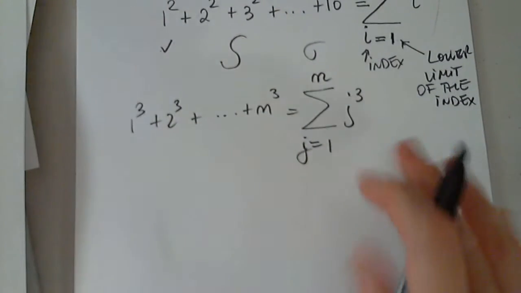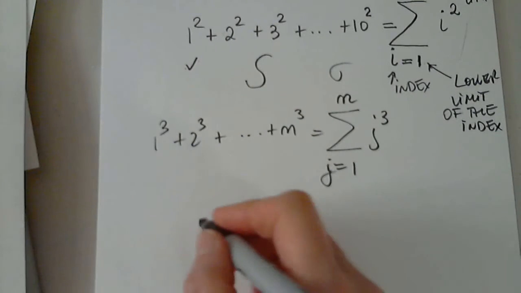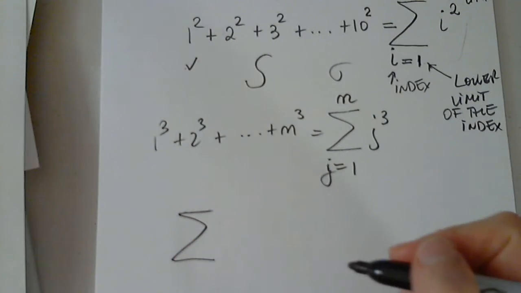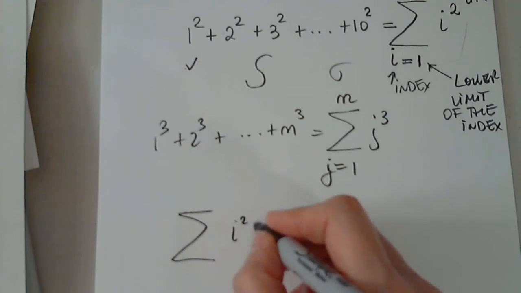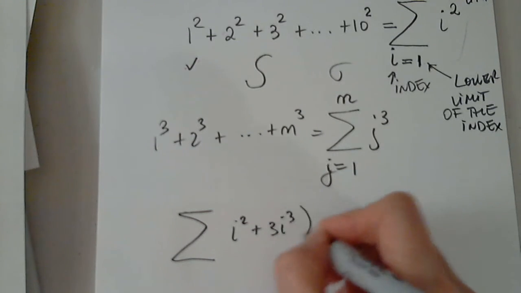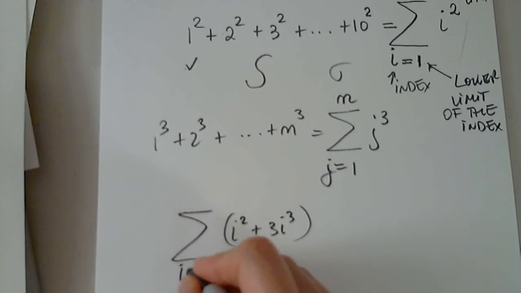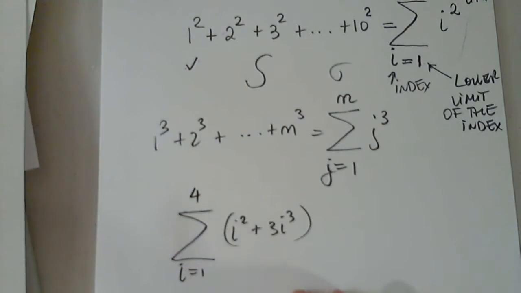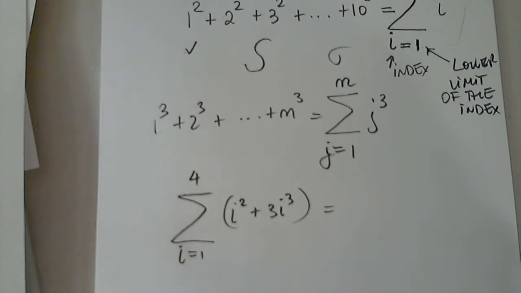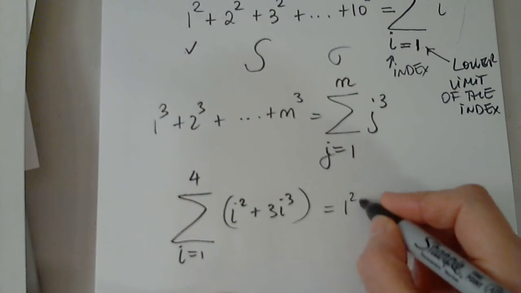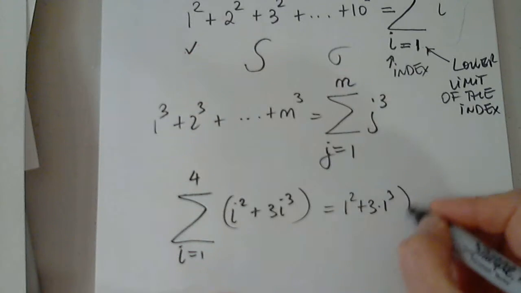I could have a summation notation of the sum of 2 terms. Like, for example, i squared plus 3i cubed, let's say from i equals 1 through 4. What will this represent? Okay, when i is 1, I have 1 squared plus 3 times 1 cubed.